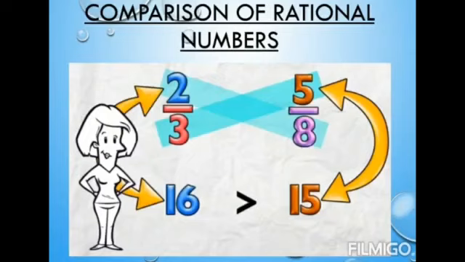We multiply 2 into 8, it will be 16, and 5 into 3 will be 15. Between 16 and 15, which one is greater? 16 is greater than 15. So that means the first rational number, 2 by 3, is greater than the second rational number 5 by 8.